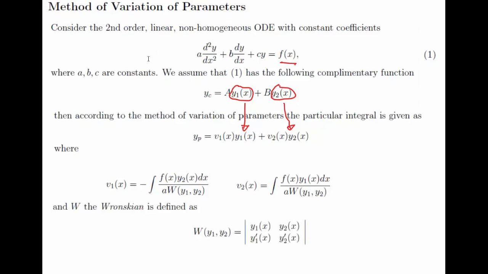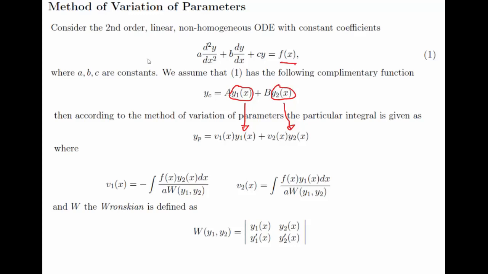The Wronskian is something you would have studied in linear algebra. In case you haven't done linear algebra yet or don't remember it, it's very simple. It is simply a determinant. The Wronskian of y1, y2 would be basically a determinant where the first row is just the two functions, y1(x), y2(x), and the second row is the first derivative.